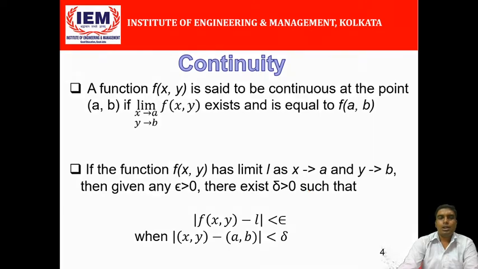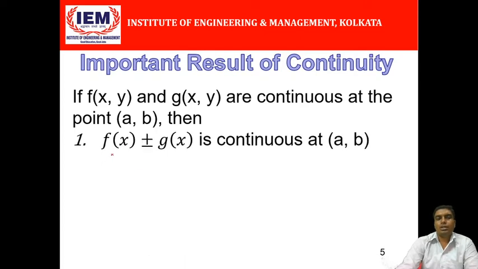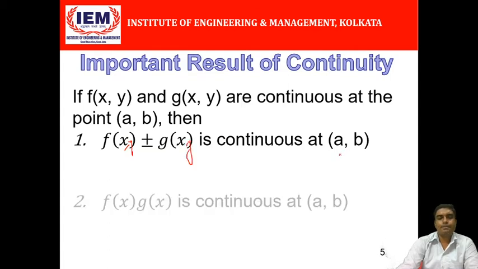Now, some important results of the continuity that you have already seen for the case of a single variable. Suppose you have two functions f of x, y and g of x, y that are continuous at some point a and b. Then the sum of these functions, f of x, y plus g of x, y, is continuous at this point a and b.